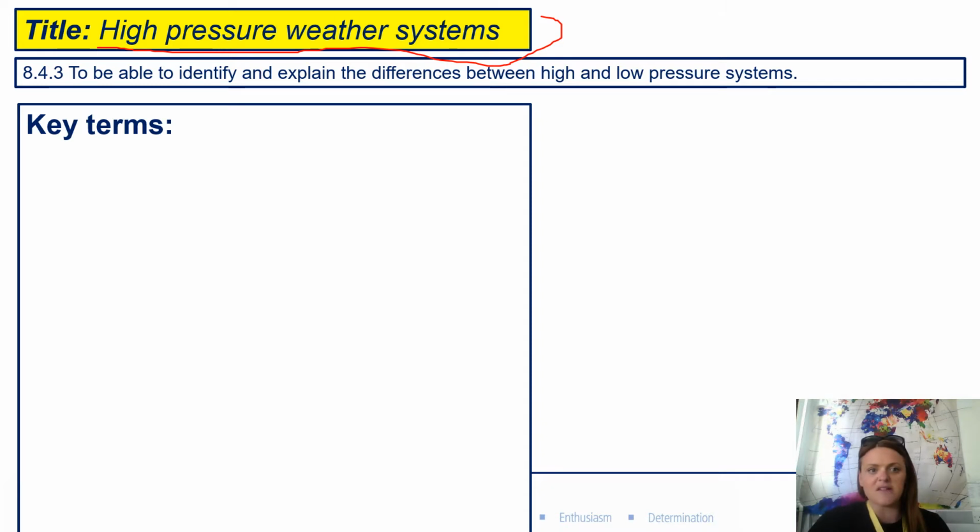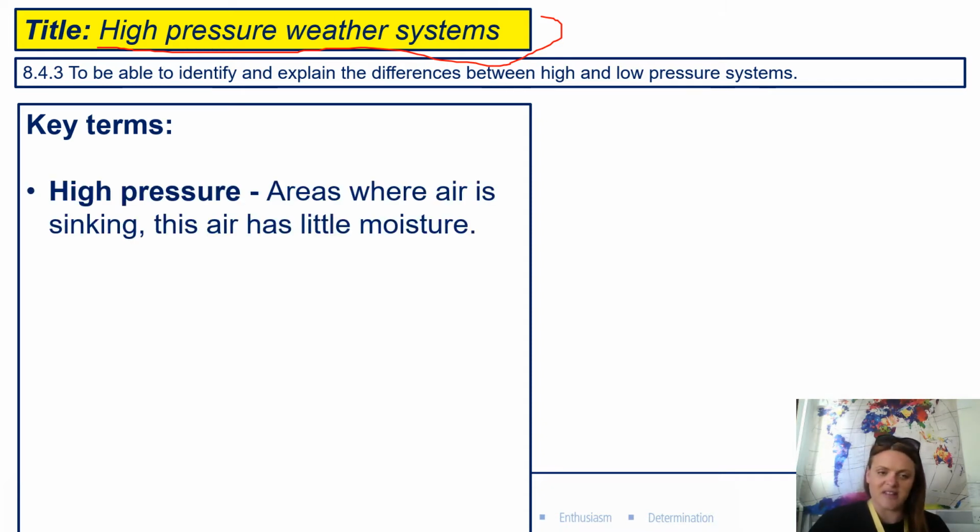And this is because of high pressure, and this is a key term I want you to write down. High pressure is where you have an area where the air is sinking, and this air has very little moisture in it. And if it has very little moisture, it's not going to rain. It's not going to make rain.